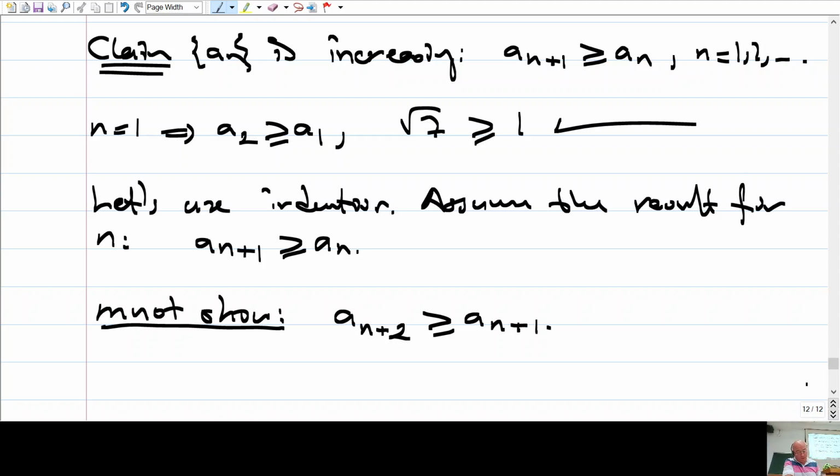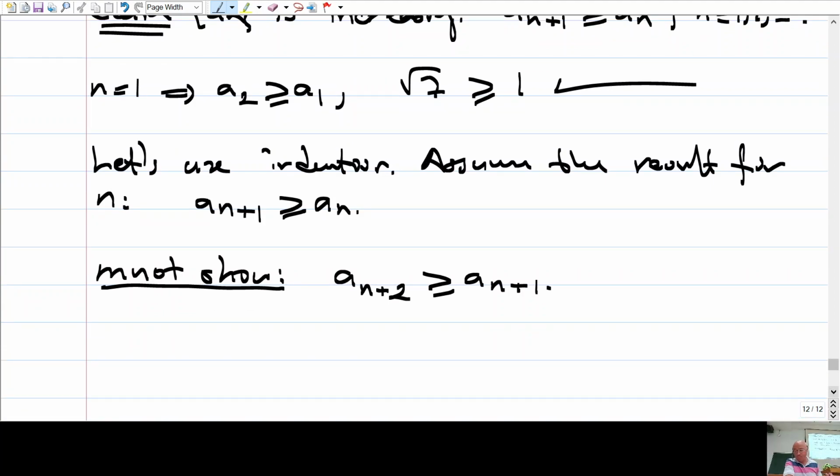How can we do this? Well, let's see. So a(n+2), by definition, is the square root of 6 plus a(n+1), right?